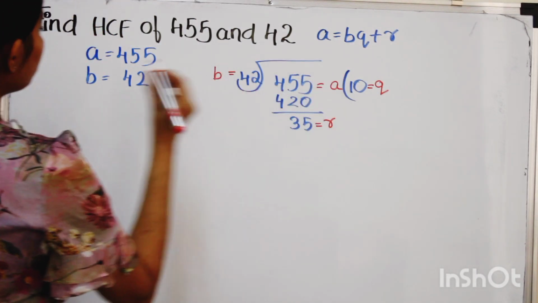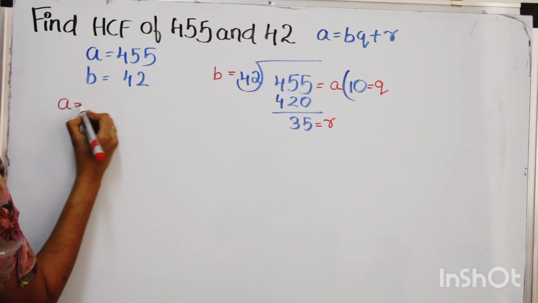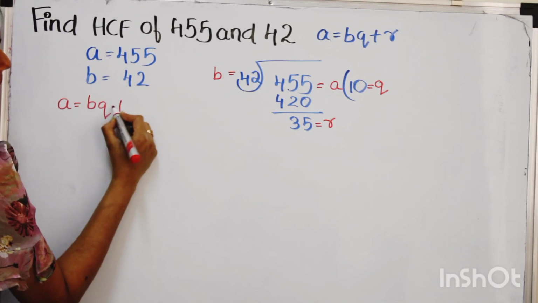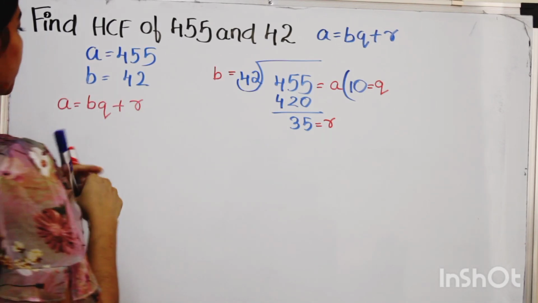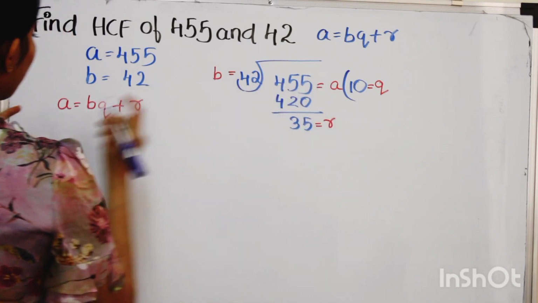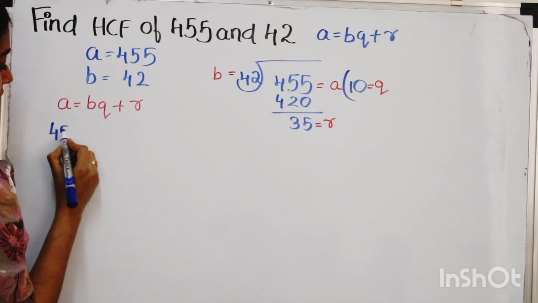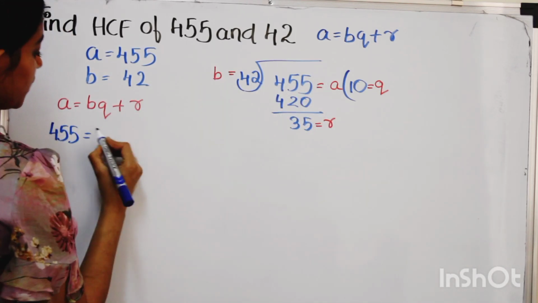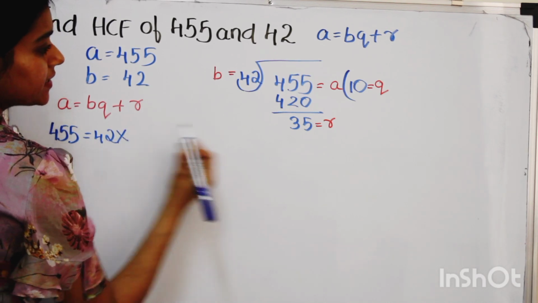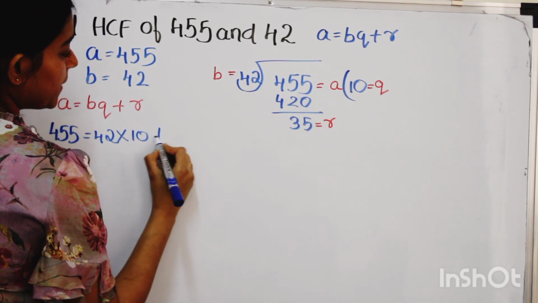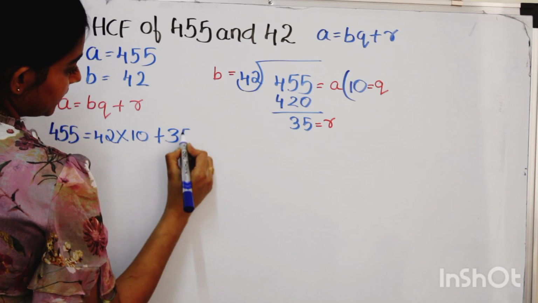So by Euclid's division lemma, a is equal to bq plus r. Now substitute here. What is a? 455. What is b? 42. What is q? 10, plus r. The remainder is 35.